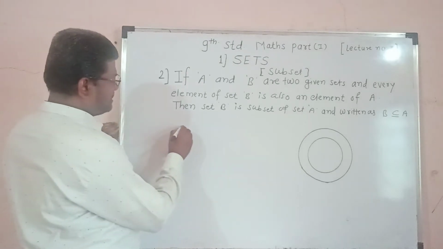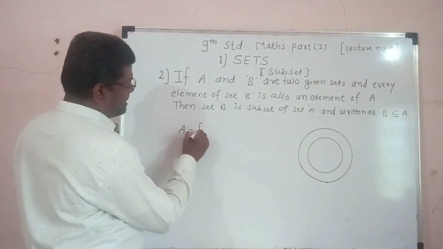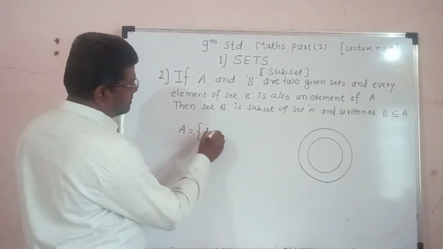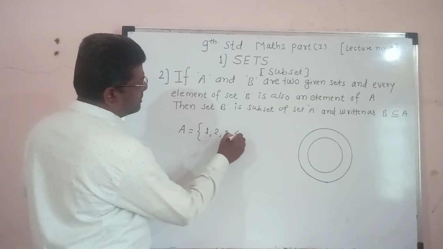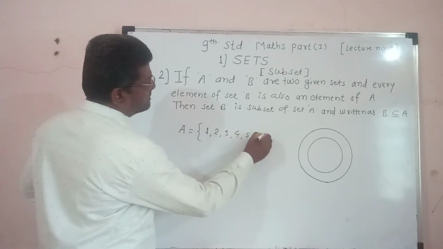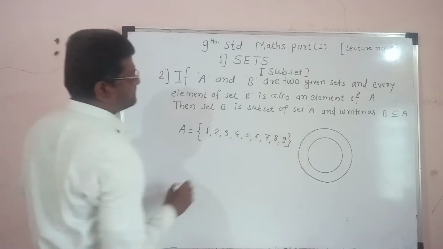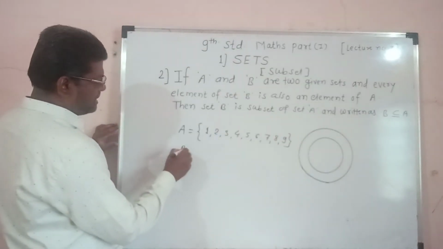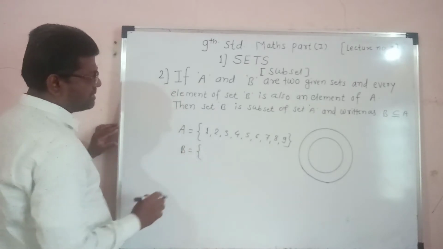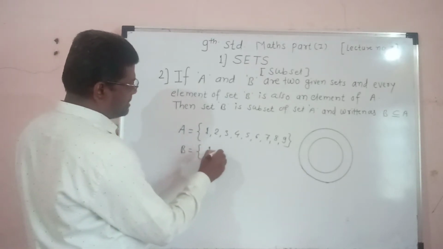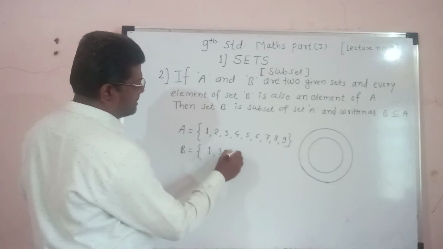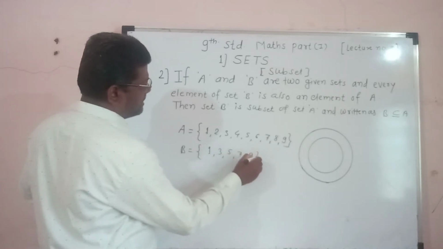For example, let set A = {1, 2, 3, 4, 5, 6, 7, 8, 9} and set B = {1, 3, 5, 7, 9}.